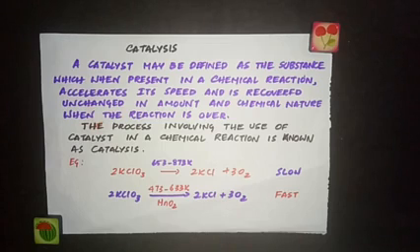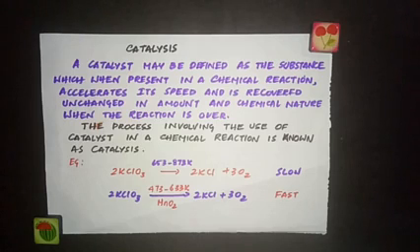And the second important characteristic of a catalyst, only a small amount of catalyst is sufficient to catalyze a particular reaction. For example, I told you the decomposition of hydrogen peroxide. You can use colloidal platinum as a catalyst also for decomposition of hydrogen peroxide.